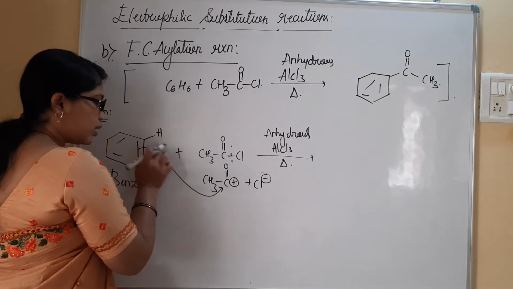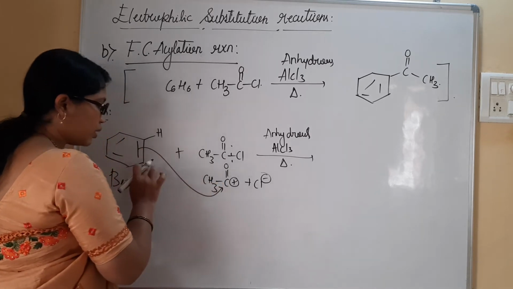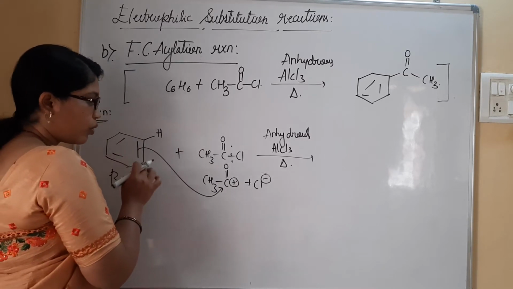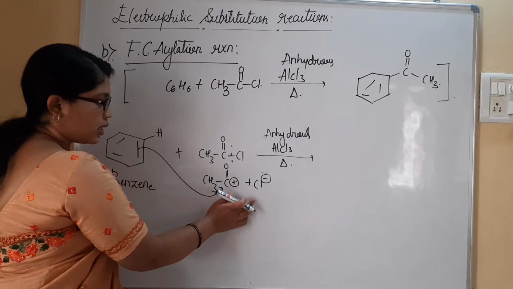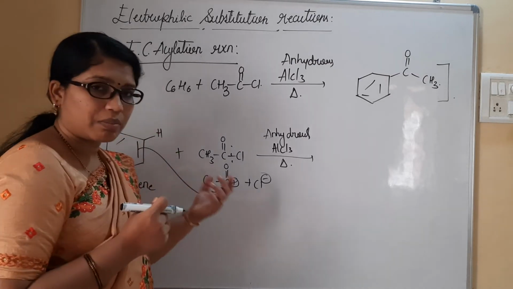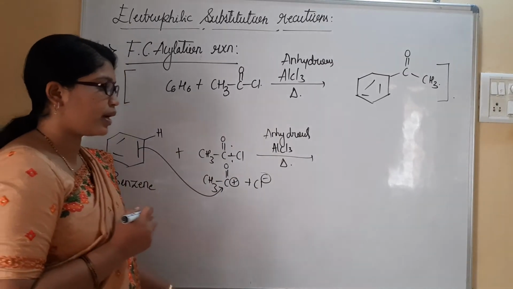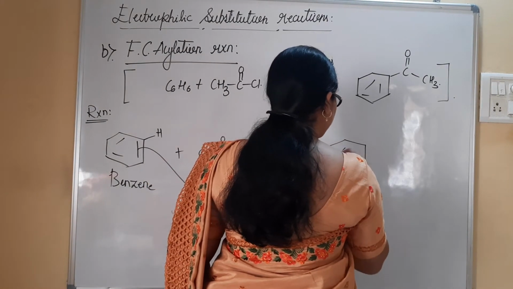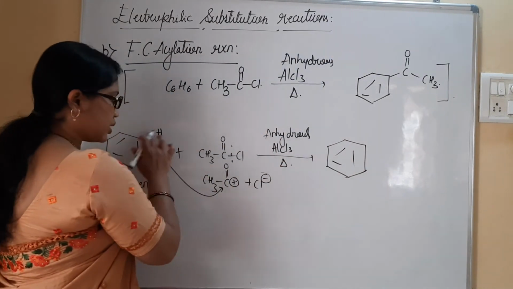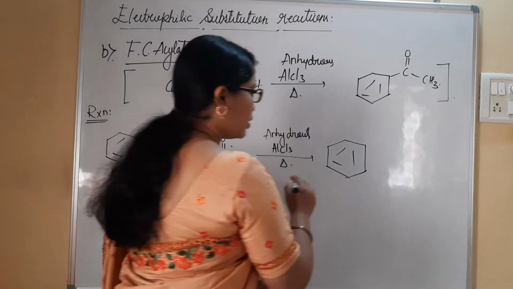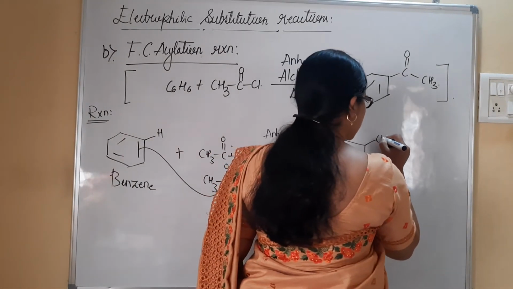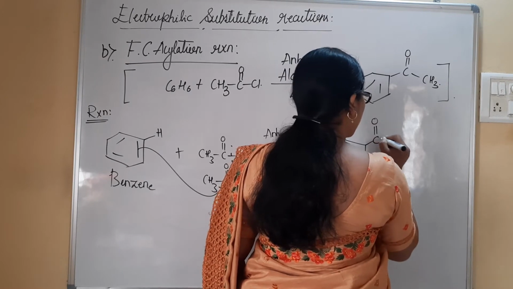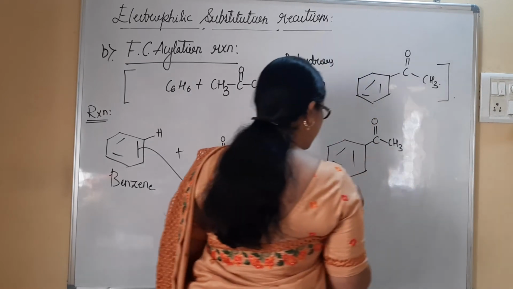Once these pi electrons are given, this carbon atom is going to be positively charged. Then this H plus and Cl minus are going to combine with each other. They will form HCl. So here you can see, once pi electrons are given to the electrophilic center, we are going to obtain CH3 C double bond O, acetophenone.